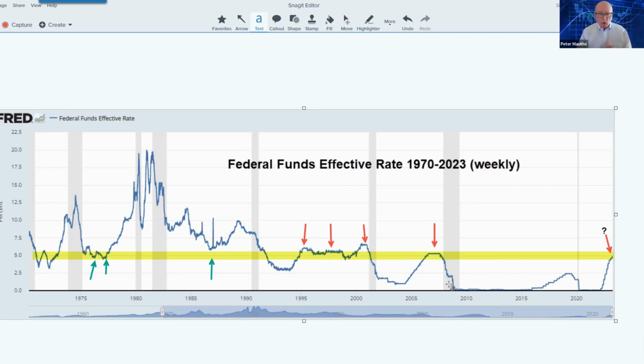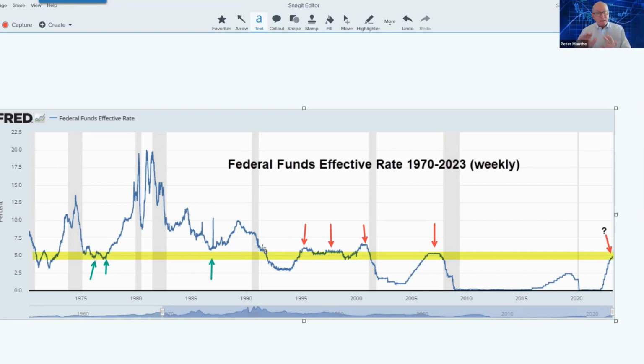Look, the most important thing for our economy from an investment standpoint is, look, this period of time back here was the beginning of the bull market that went from 1982 to 2000. You can see a good part of this period of time, interest rates were way above 5%.